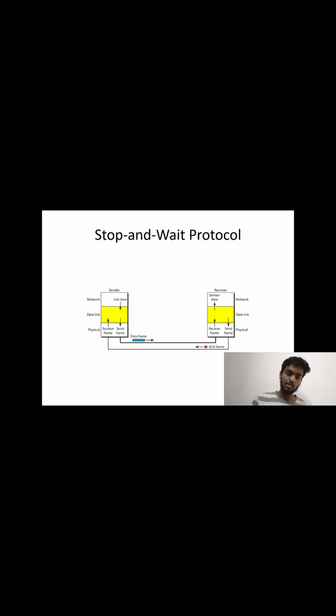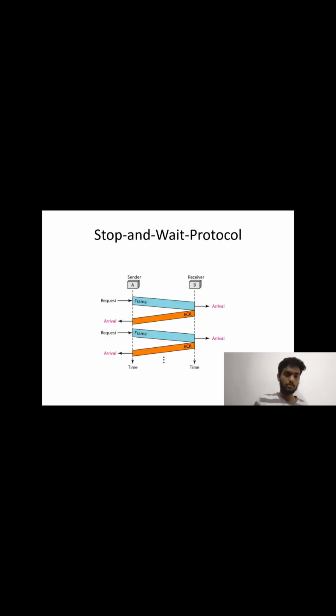Once this is done, the receiver sends an acknowledgement frame, which is transmitted through the data link layer and received at the sender's physical layer.